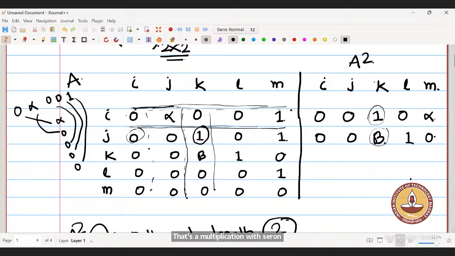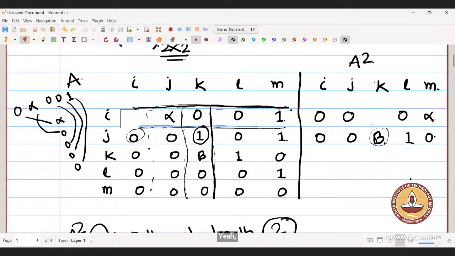What you are doing is multiplying this one with this one, right? What should you get? It should be alpha into 1, no, sir. Okay. Yeah, correct. Now it's fine. Yes, sir. Yeah. So again, similarly, okay.